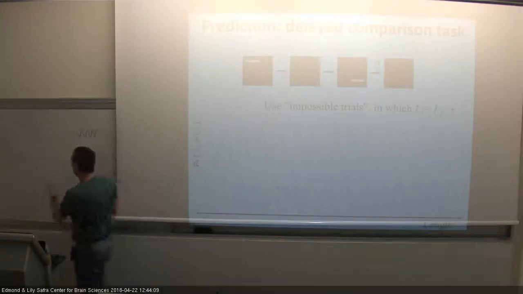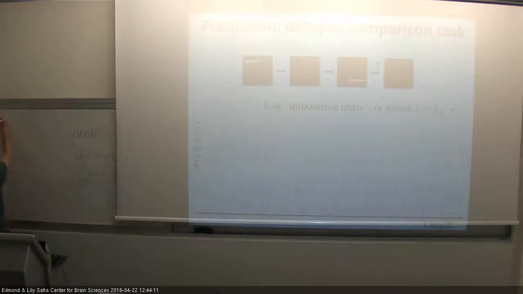So let's see what we can plot. So I'm going to plot the probability of reporting that L1 is larger than L2, as a function of L1 being equal to L2. So what's your prediction? Just for scale, this would be 0. This would be 1.